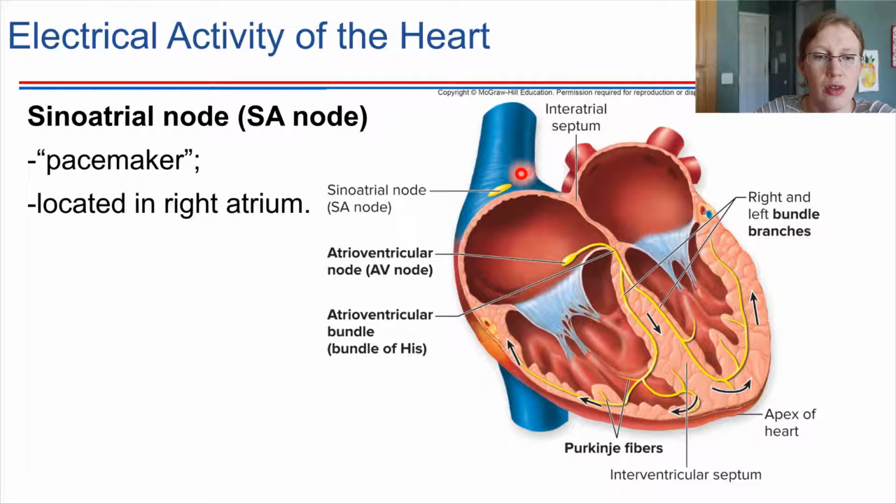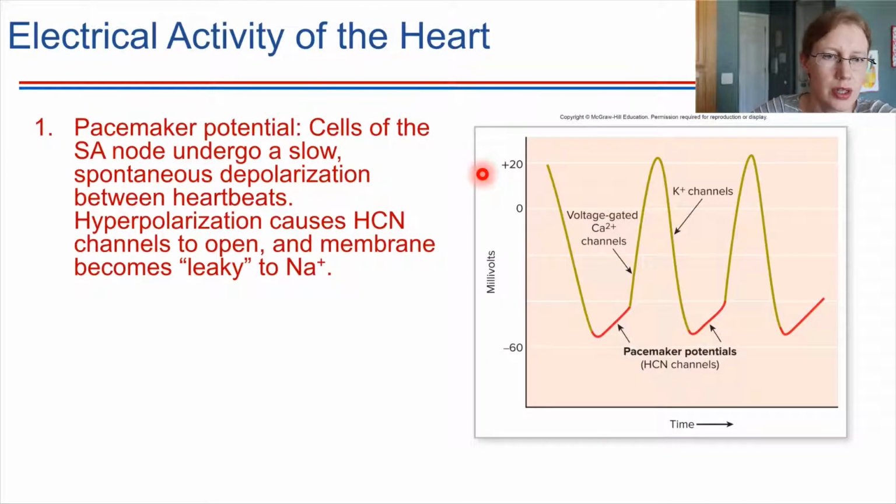The cells located here undergo a spontaneous depolarization, and that electrical signal ends up getting spread out as a wave throughout the rest of the heart. So we're going to go through this in some detail, talking about the pacemaker cells right here in the SA node. The cells located there have an interesting action potential pattern.